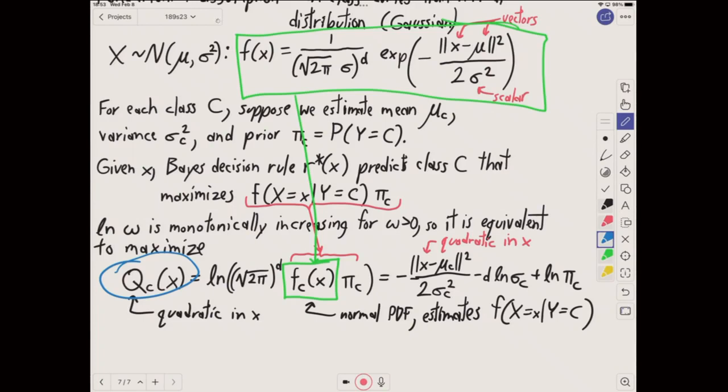And then when someone gives me a test point x, I compute all 5 of those quadratic functions at the point x. And I look at those 5 numbers that pop out, and I look at which one is biggest. That's the winner. That's the class that my classifier will return, because that's what Bayes' theorem says is the most likely class.